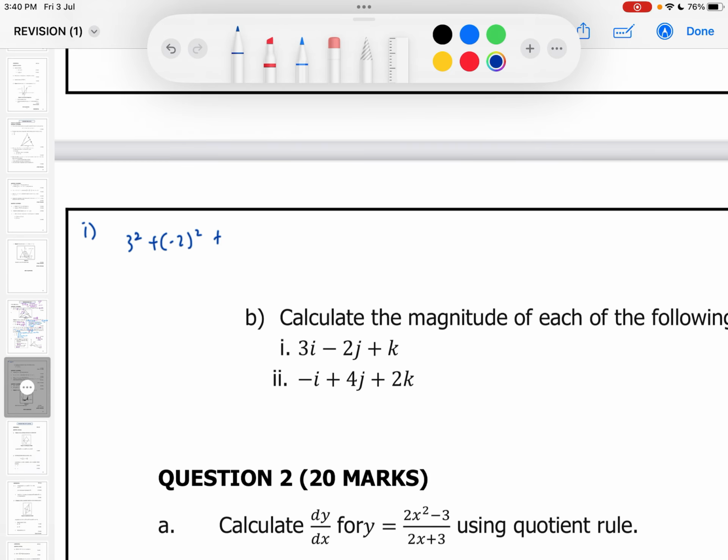Because there's only 1 k, so it's gonna be 1 squared, even though there is a variable there. Okay, don't write k. Okay, so yada yada yada. Hold on. 3 squared plus negative 2 squared plus 1 squared. Square root 14.